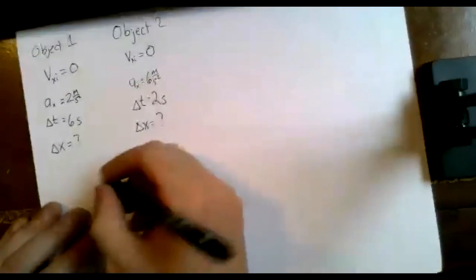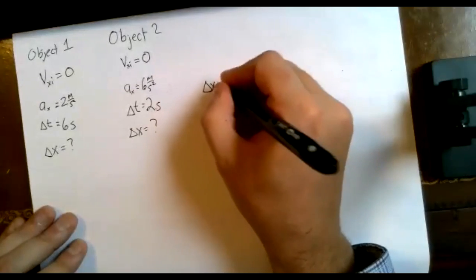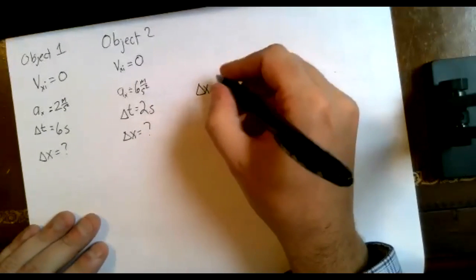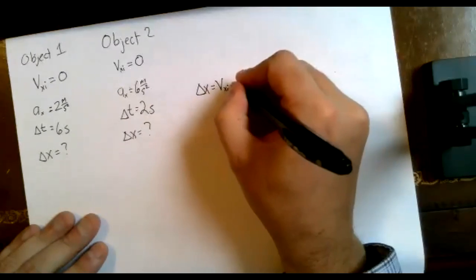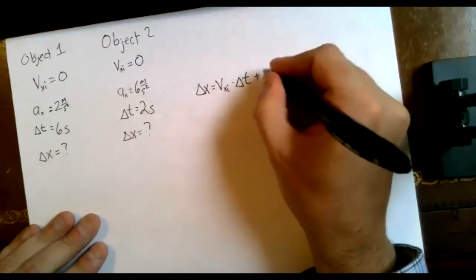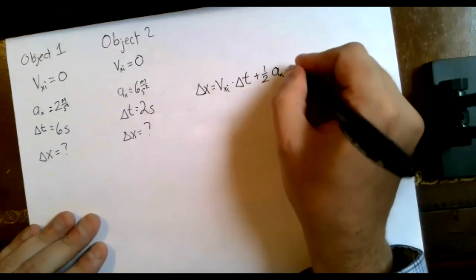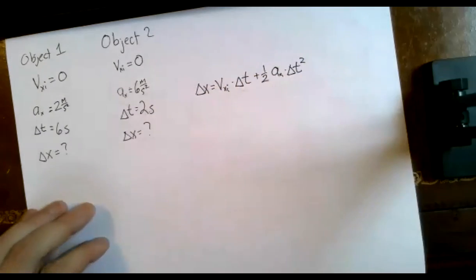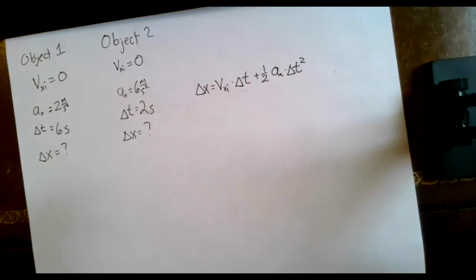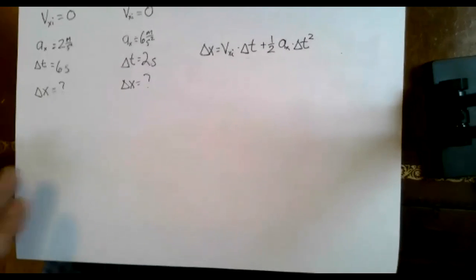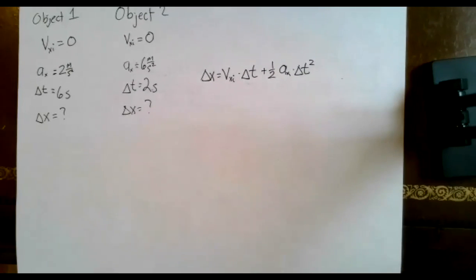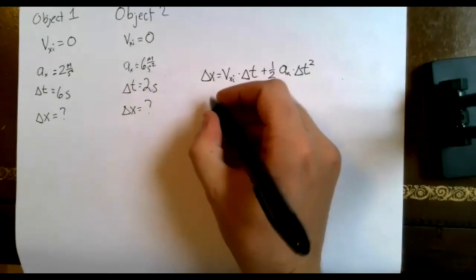So I'll copy down the third equation. It looks like we don't need to rearrange anything today, right? Because we've got the unknown all by itself on one side of the equation, delta x. So we'll just plug in.